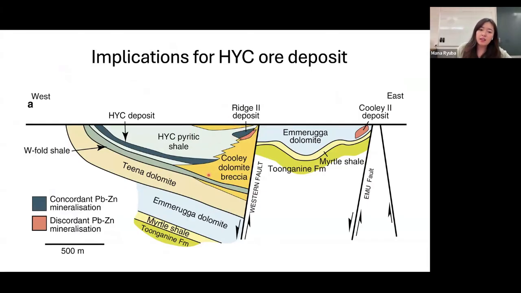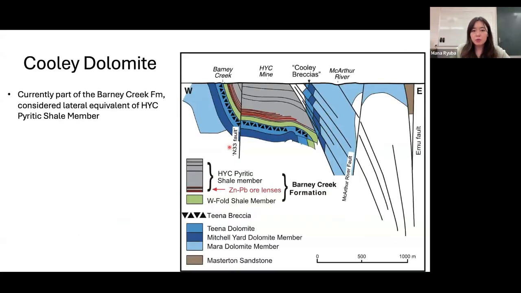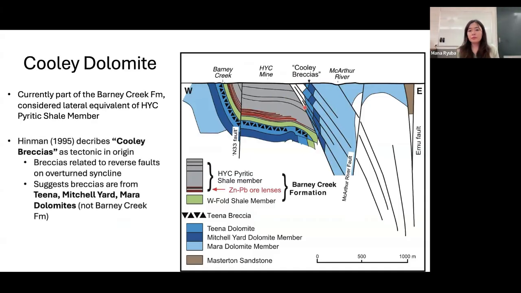This is a unit that there's been a few ideas on what this breccia is, but it's commonly depicted like this, coming off this western fault. So currently, this Cooley Dolomite is considered to be part of the Barney Creek Formation. So that's the unit that overlies the Teena Dolomite. And it's seen to be the lateral equivalent of the HYC Pyritic Shale member.